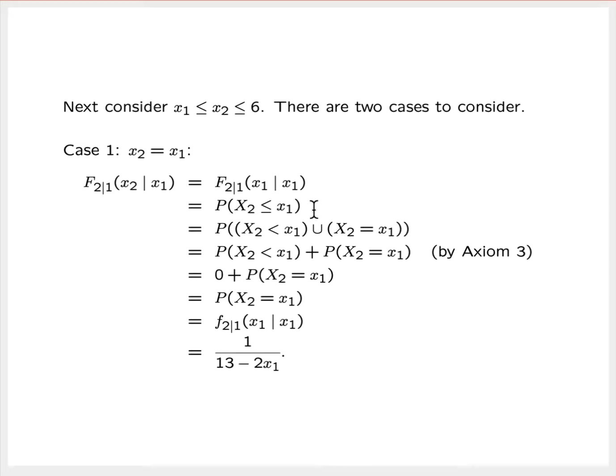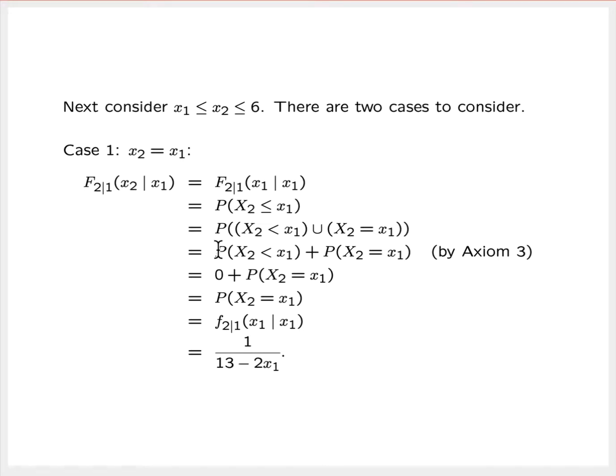I should have included the conditioning here, but I haven't done that to save room. And we can decompose this as the probability that x2 is strictly less than x1 union with the event x2 is equal to x1. Now, these 2 events are mutually exclusive, and they're connected with union, or, and so we can decompose the probability of their union with the sum of their individual probabilities, and that is by axiom 3.